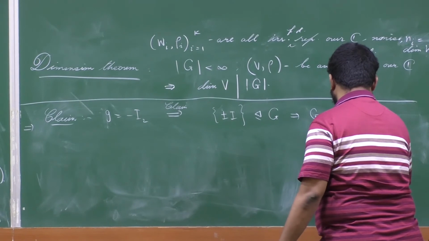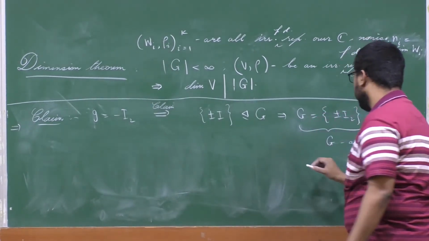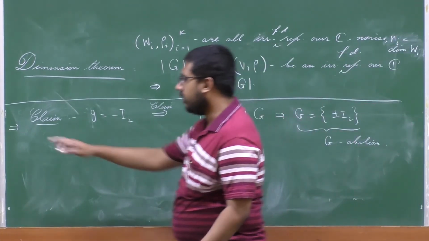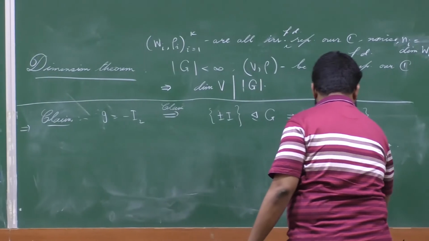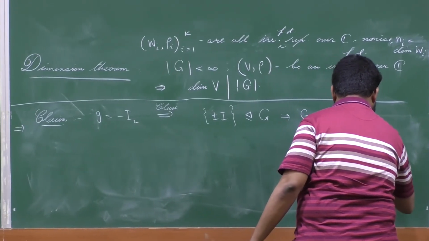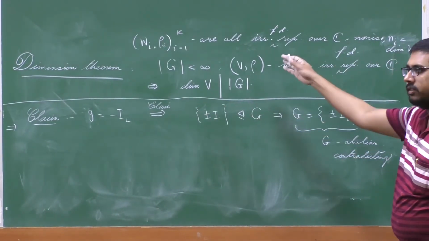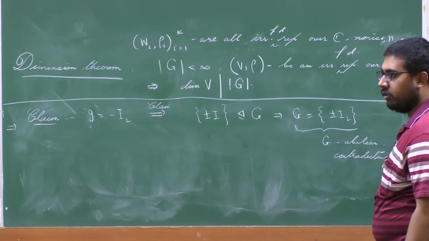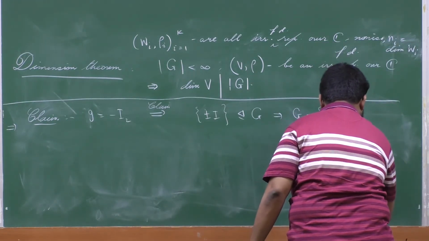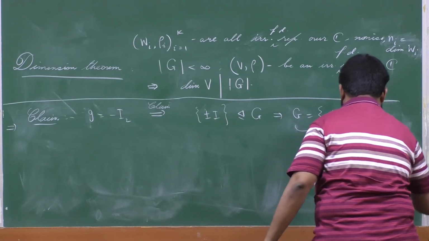Then G becomes abelian. Since it's abelian, it cannot have a two-dimensional irreducible representation, so that contradicts the hypothesis. We assumed G has a two-dimensional irreducible representation, so G cannot be abelian, but this forces G to be abelian, contradicting the hypothesis.